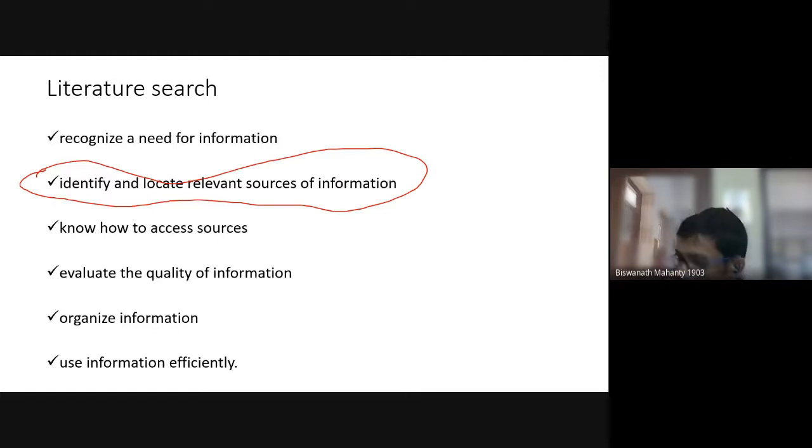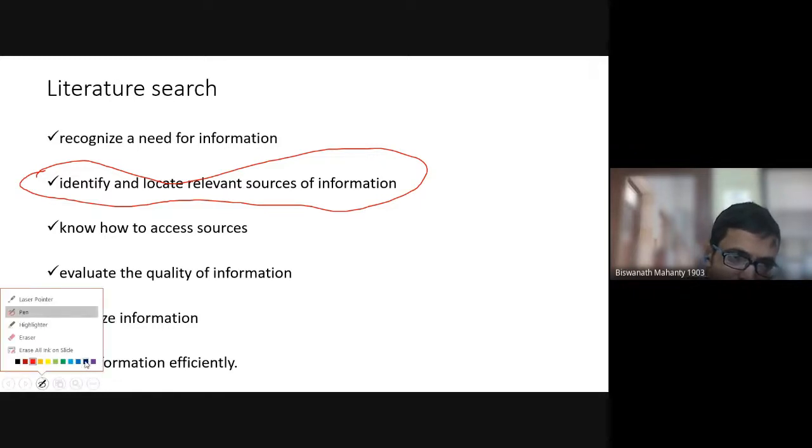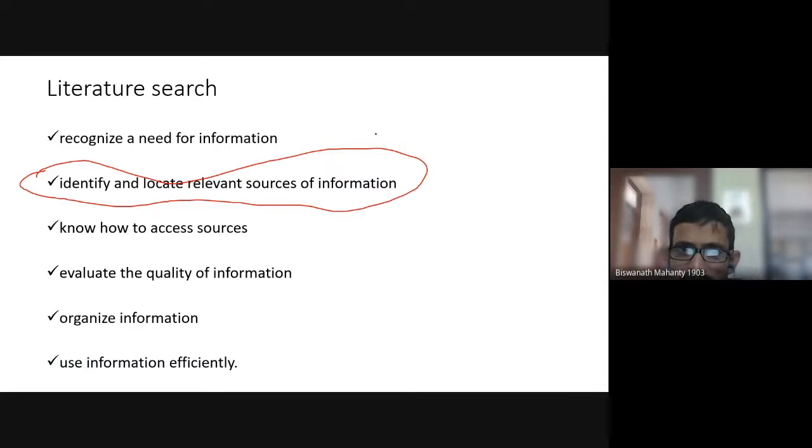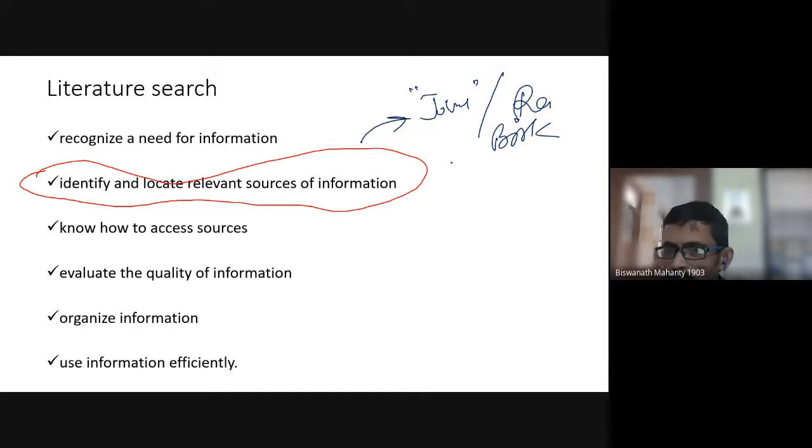When you are a very young researcher, you need to know the resources. The resources can be very broad, of many types, maybe some journals, but primarily I'll talk about journals for review, books, and statutory bodies, government organizations or non-government organizations.